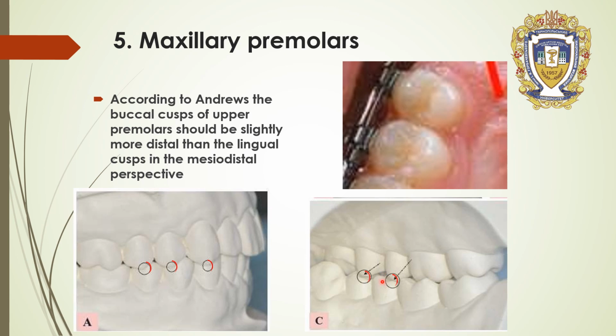And in that case, as shown in the intraoral view, the palatal cusps of the upper premolars will take place in the grooves of the lower premolars, and this kind of position of the teeth will be correct.